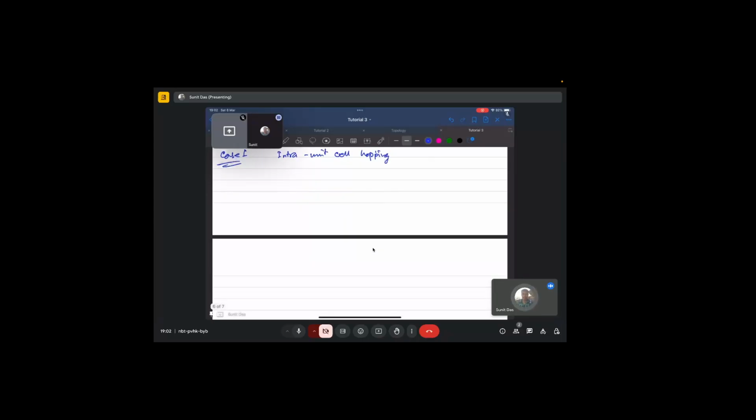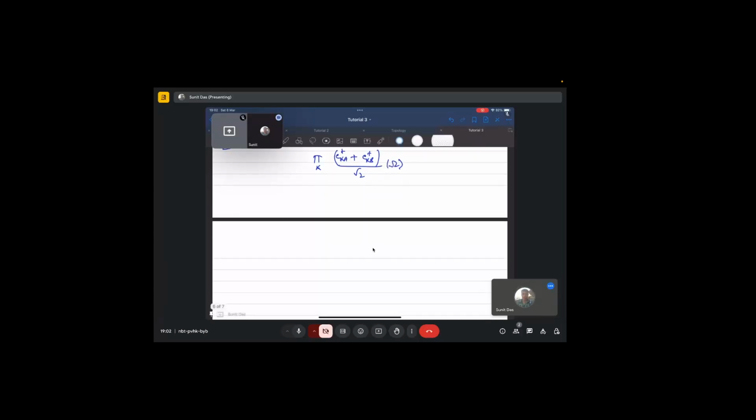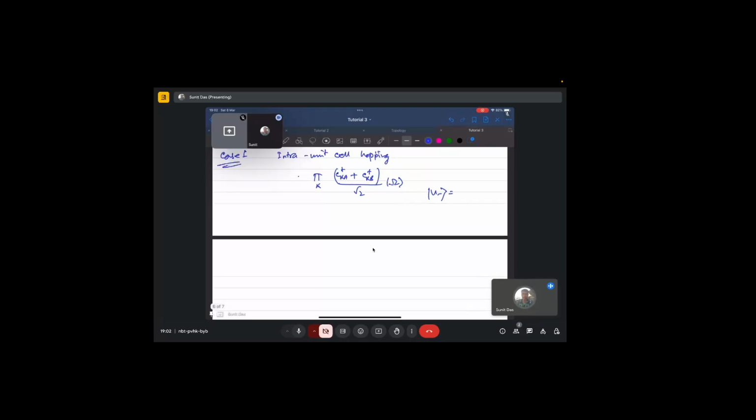The ground state wave function was something like the product over all k of (ckA dagger plus ckB dagger) by √2 acting on the vacuum state, or simply the u minus single particle wave function. This is the many particle case and this is the single particle case, simply 1 1 over √2, right? So this was the anti-bonding state, or the ground state, let's say.